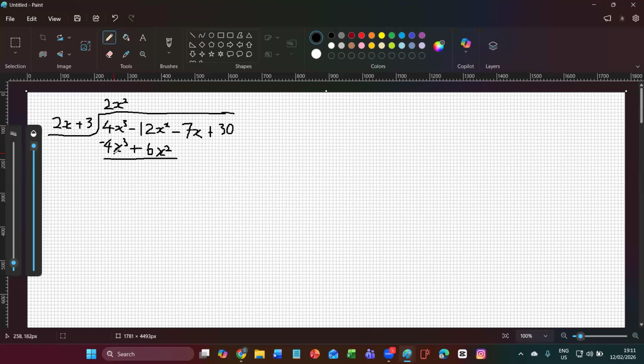Of course, 4x cubed minus 4x cubed cancels. Now you have to be careful with the sign here. Minus 12x squared minus 6x squared is going to be minus 18x squared, right? Yes, sir. Okay.